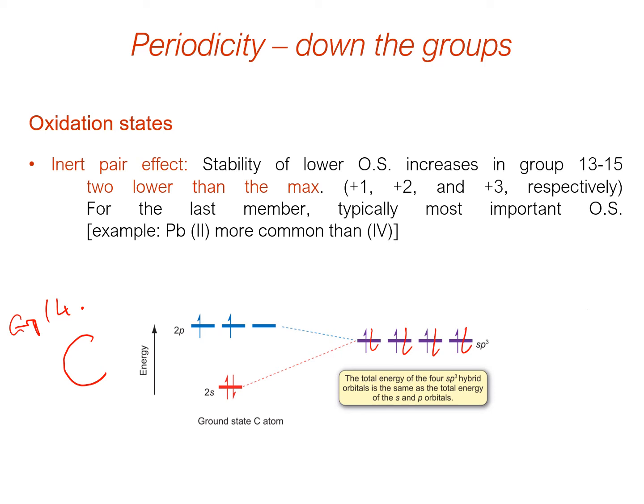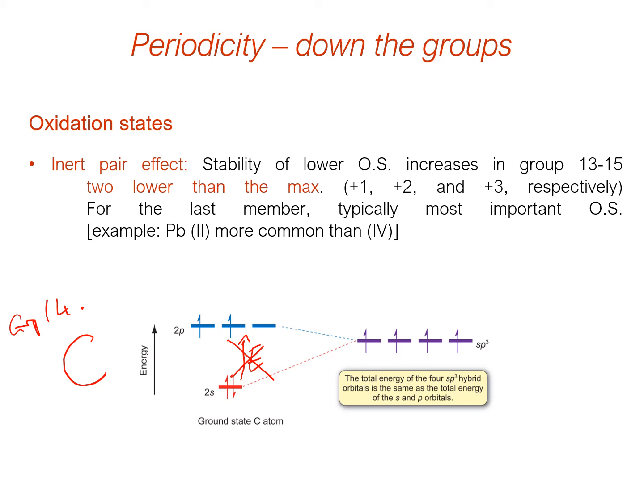However, what we said is that it takes energy to promote an electron into the 2p, but that's more than made up for when a compound is made, which is essentially the bond enthalpy making up this promotional energy. However, if we're going down the group, say for lead now, we said that the bond enthalpies are lower at the bottom of the group, so the bond enthalpy doesn't outweigh this energy of promotion, so it's not going to happen.